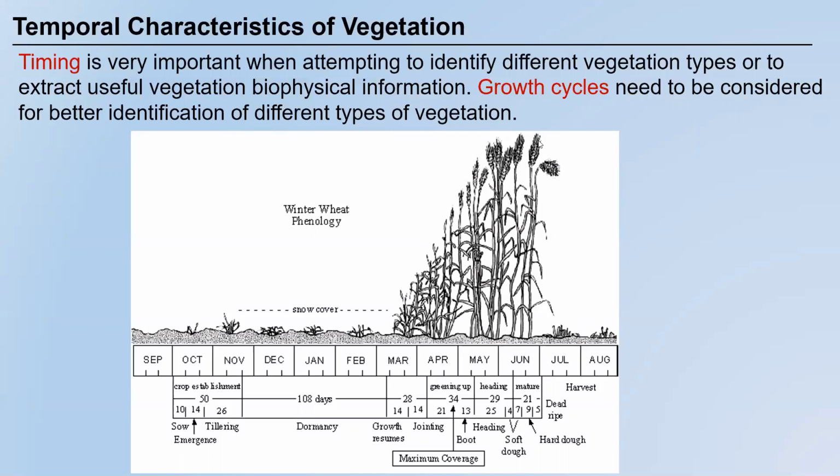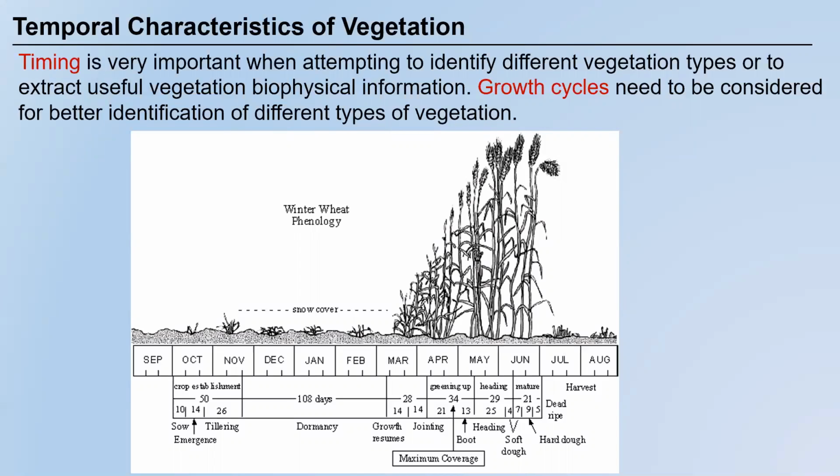June is okay, but you should expect that in June, winter wheat is turning golden instead of green. So if you're trying to identify healthy, well-grown winter wheat, maybe May or late April is the best timing here.